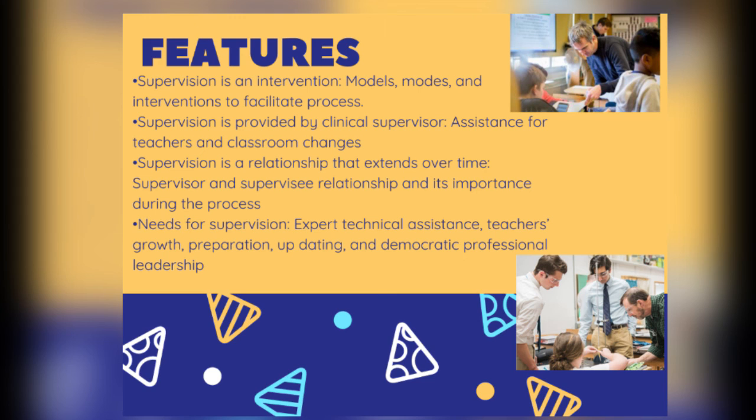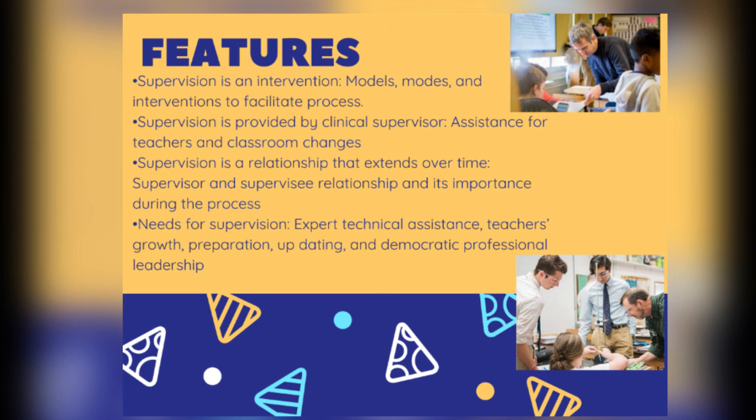Next, we have supervision is a relationship that extends over time. The process of supervision occurs within the relationship established between the supervisor and the supervisee. It is important to keep in mind that both of them have contributed to that relationship and both of them have responsibilities. So the time that this process will last will be according to the kind of relationship that they have. In order to create a relationship, both of them create workshops, consultation, and they both share common goals.